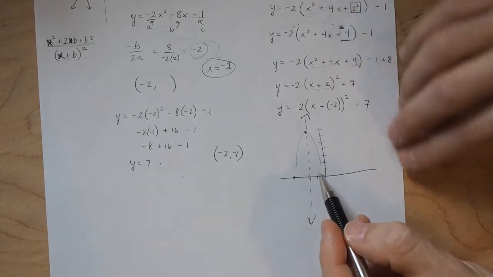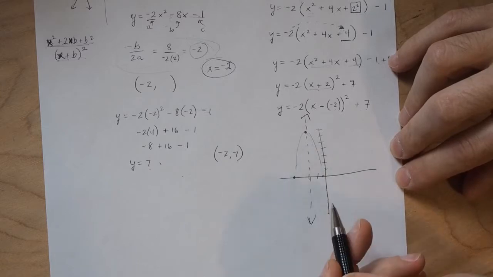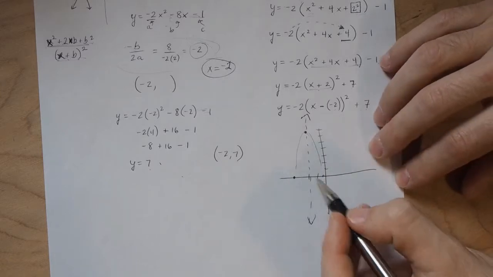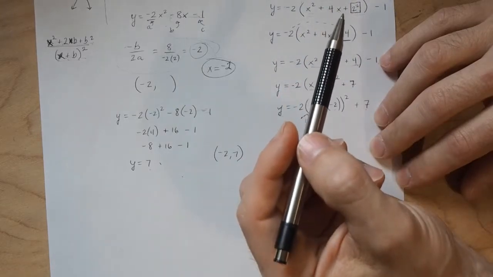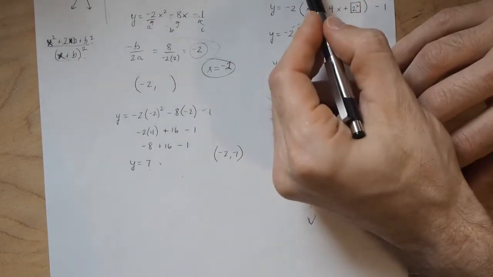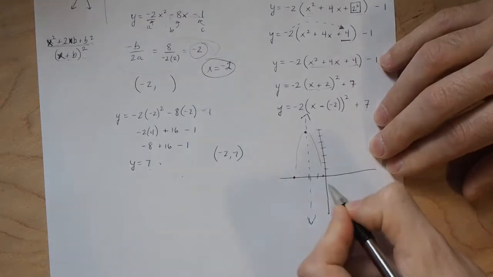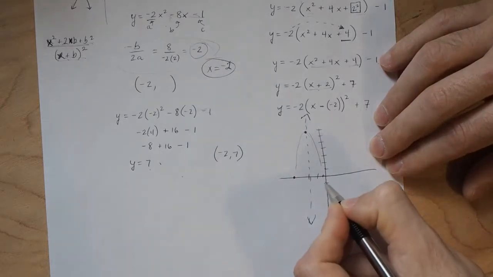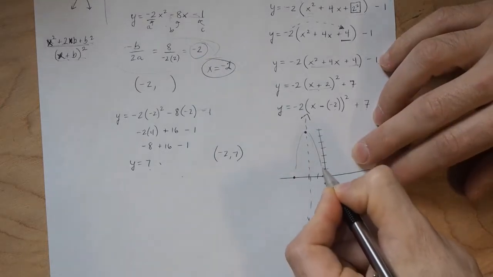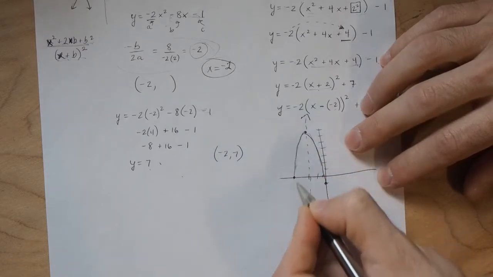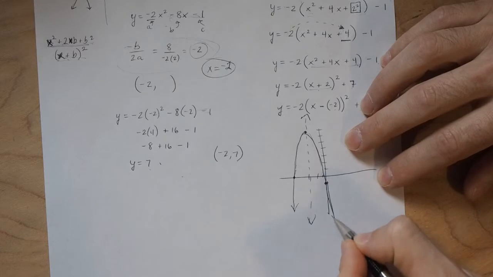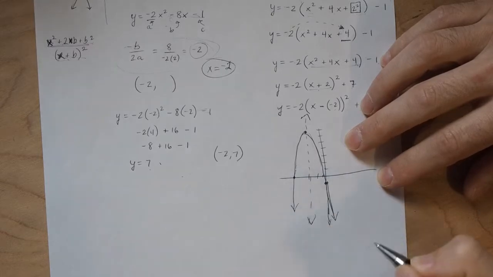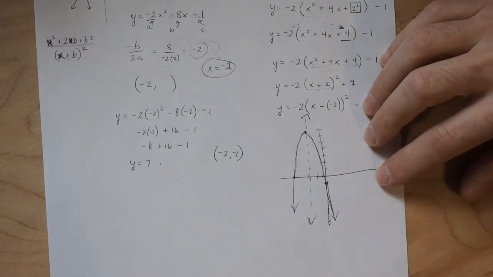If you want to state the y-intercept, you'd put in a 0 into your function. And if I put in a 0 here and here, it would give me that it crosses the y at -1, so I know it crosses here. Okay, so there's the graph.